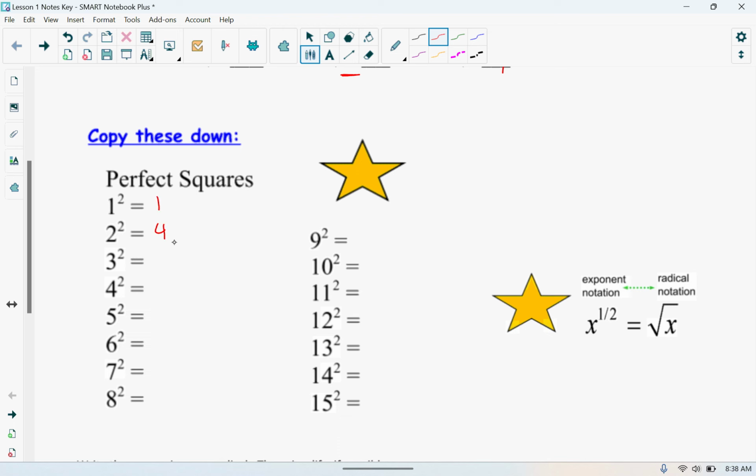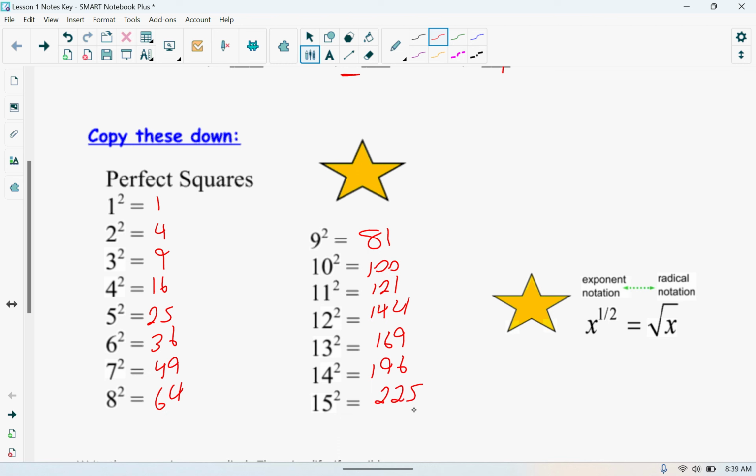I'm going to keep continuing through these. Okay, and so why this is important are these numbers here.